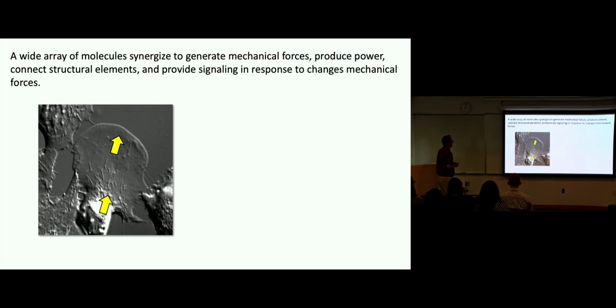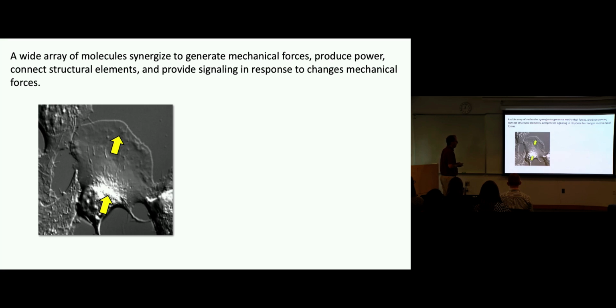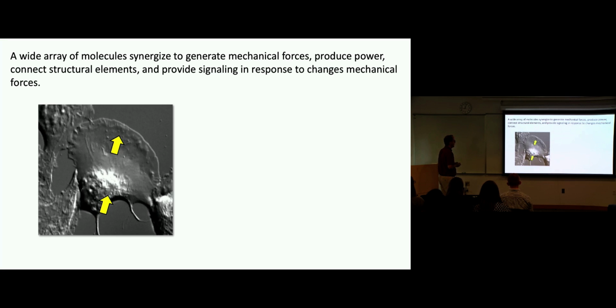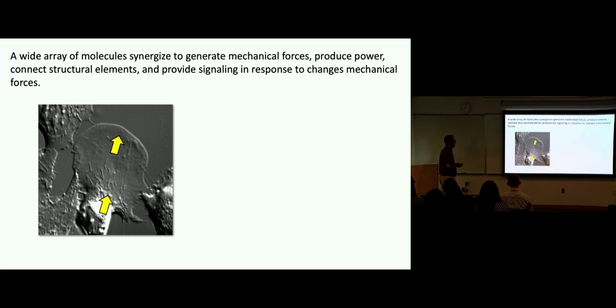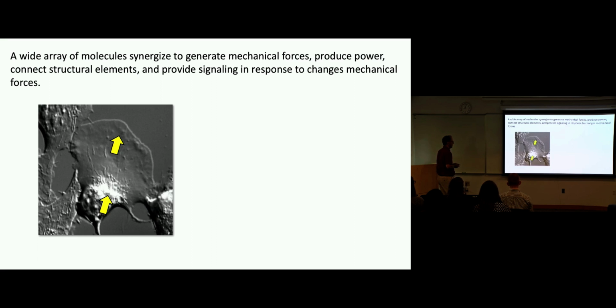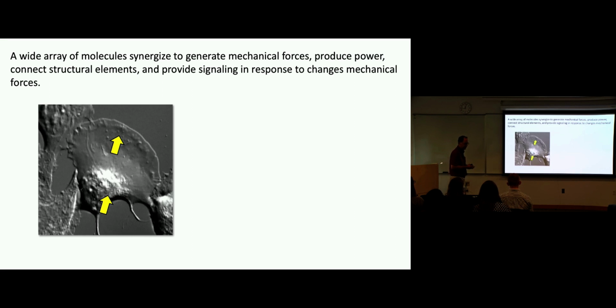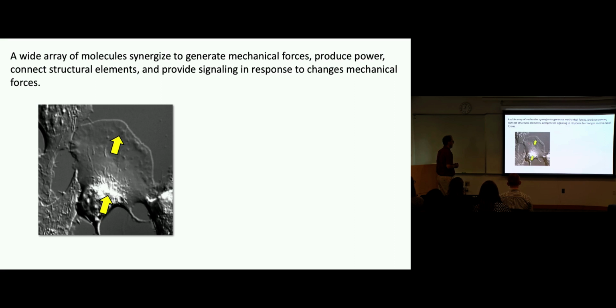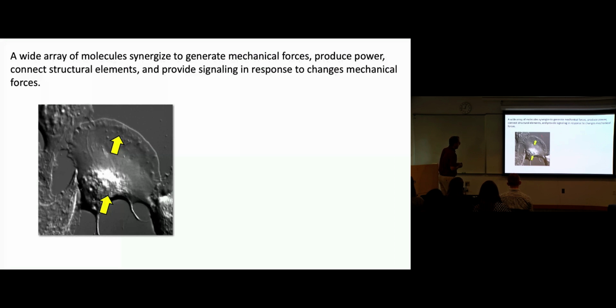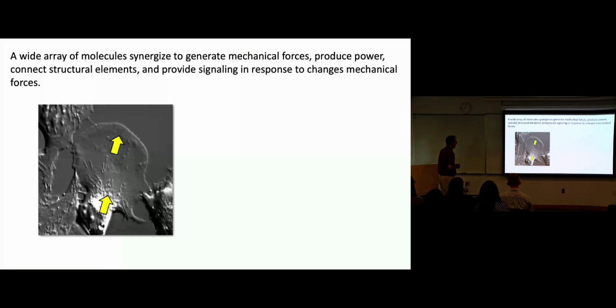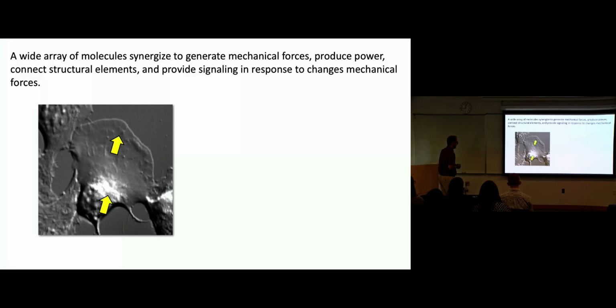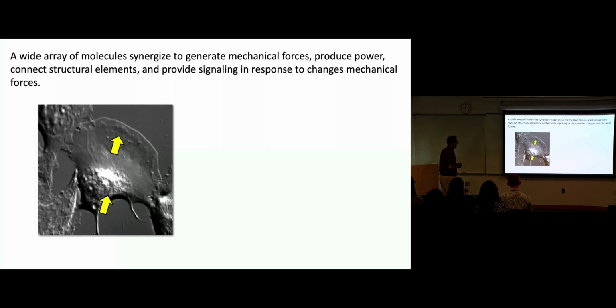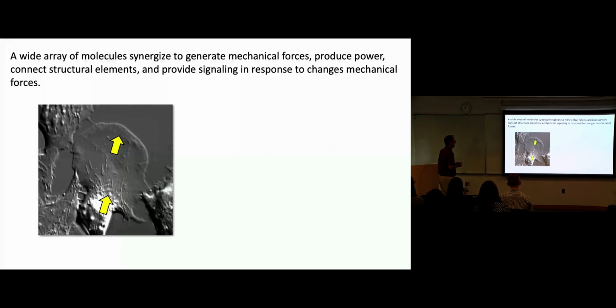Okay, so as you've heard through these weeks, there's a wide array of molecules that synergize to generate mechanical forces, produce power, connect structural elements and also respond to signaling. So this is a movie that we acquired in my lab many years ago showing a cancer epithelial cell migrating up towards the upper right of the screen.